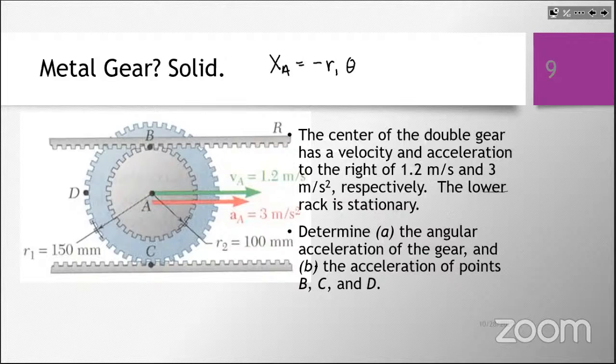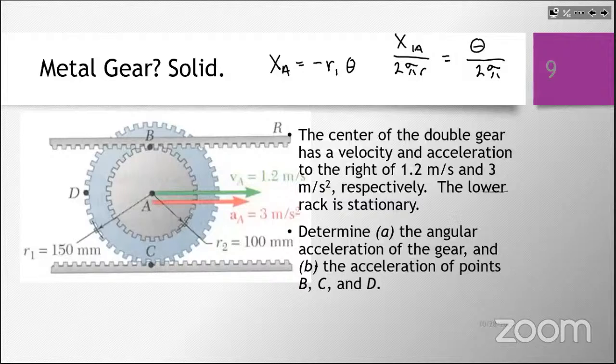Well, if I travel X distance by going 2 pi r, which is my circumference, then I can figure out the angle that I've traveled through, in 360 degrees. Why is it negative?